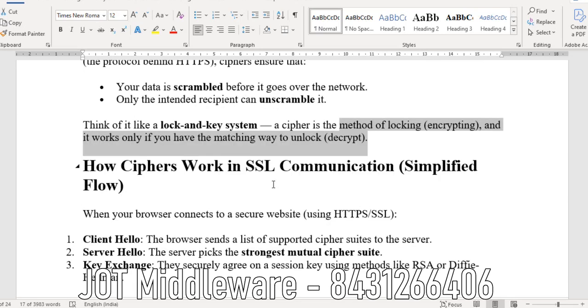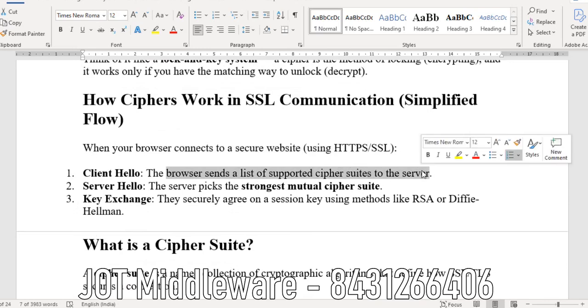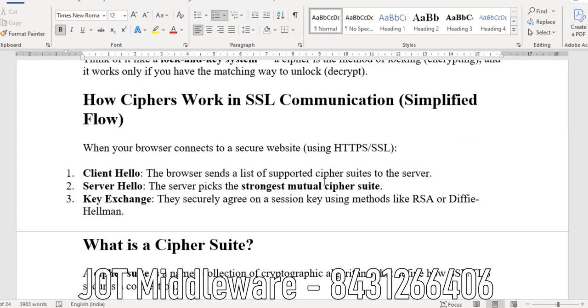So how do ciphers work in SSL communication? So simple. When a browser connects to a secured website, the browser sends a list of supported suites to the server. Okay, what are the supported suites? You can call it seat or suite, whatever it is. The browser, they follow the standard.